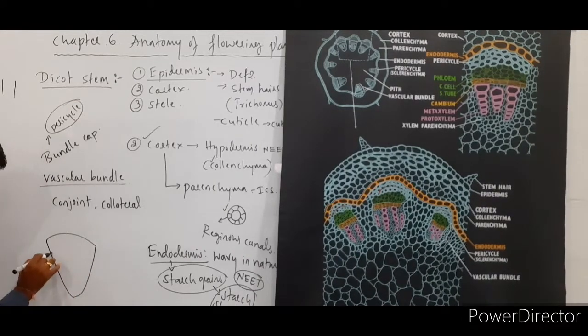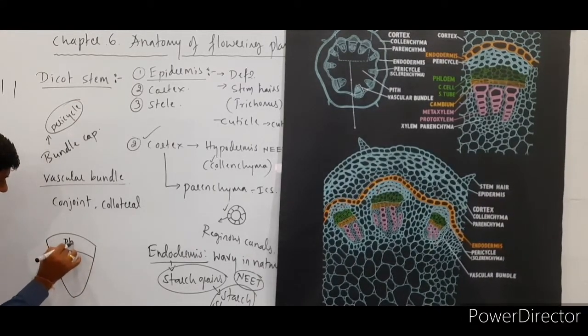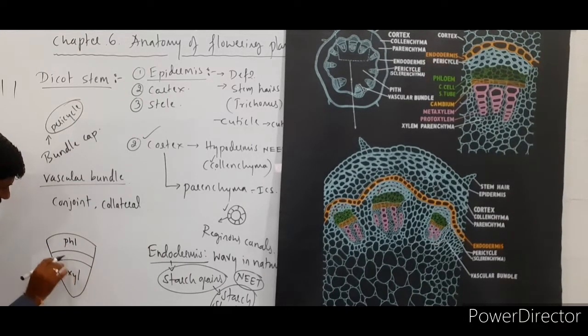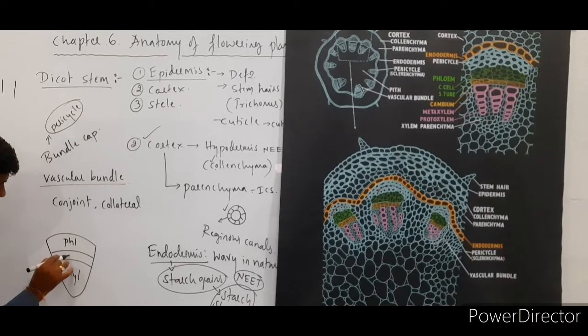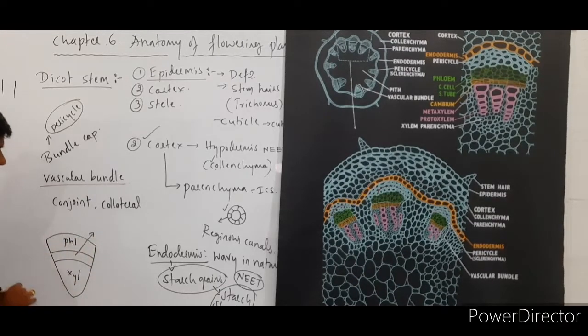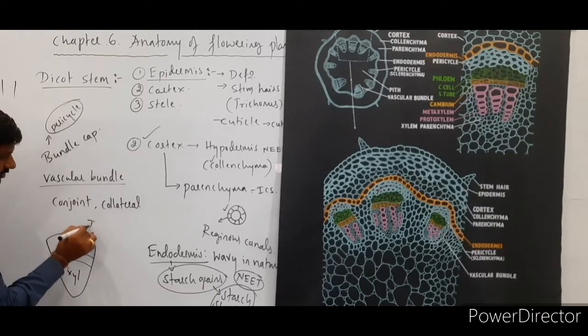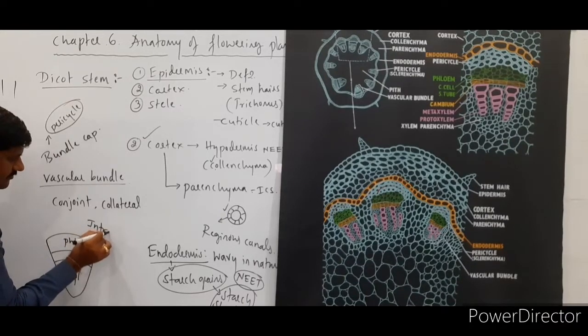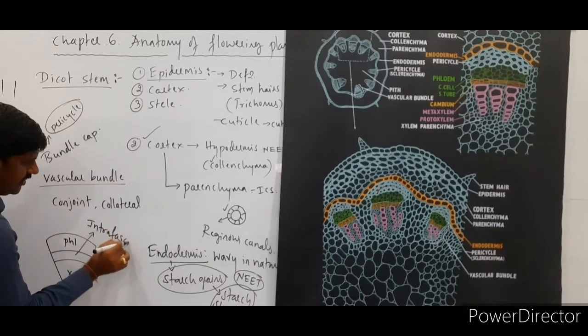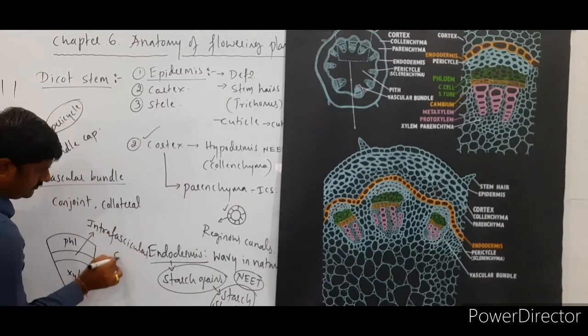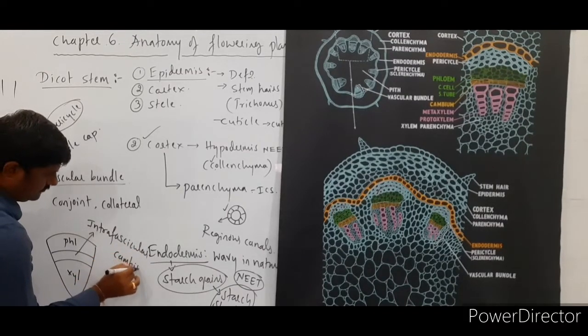In that vascular bundle, this is phloem and this is xylem. In between these two there is one cambium, called intravascular cambium.